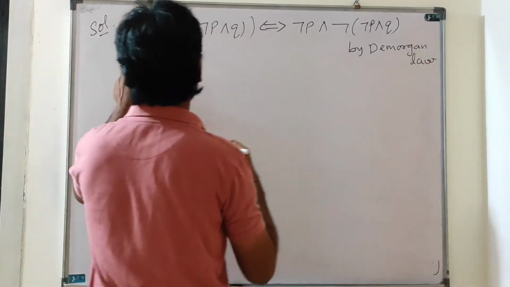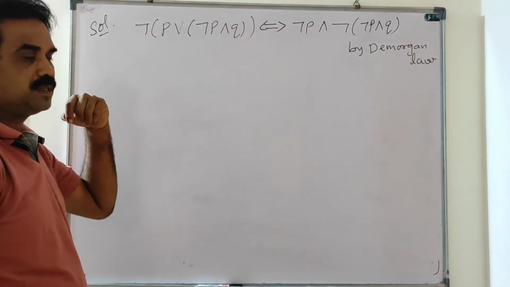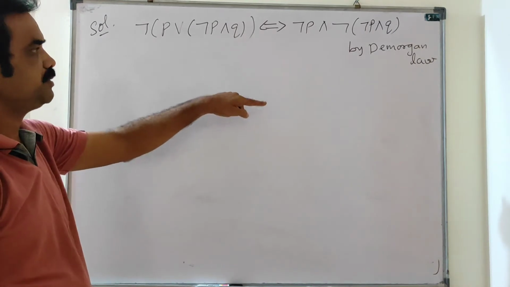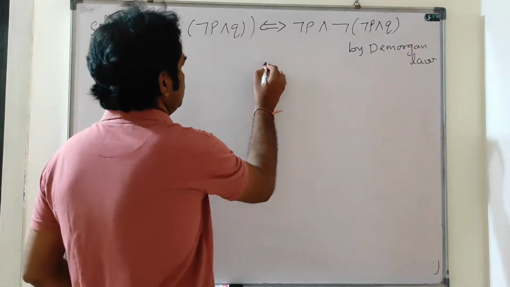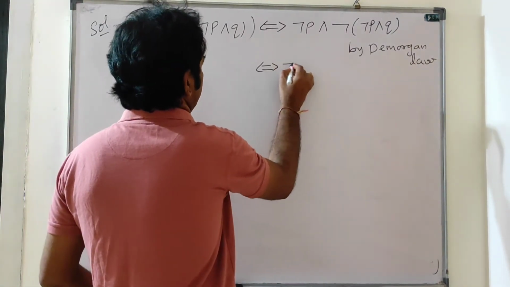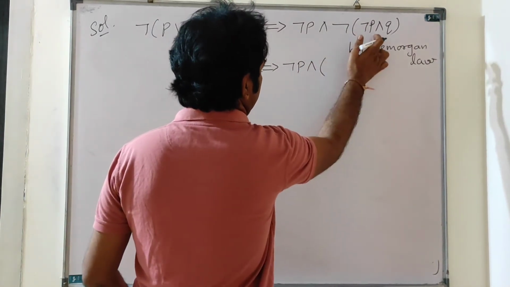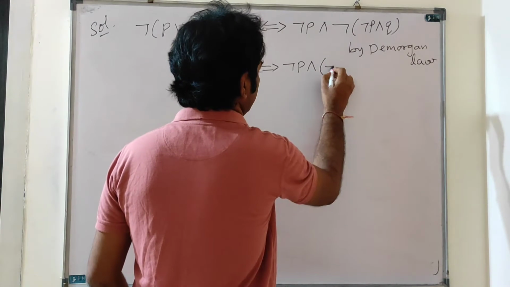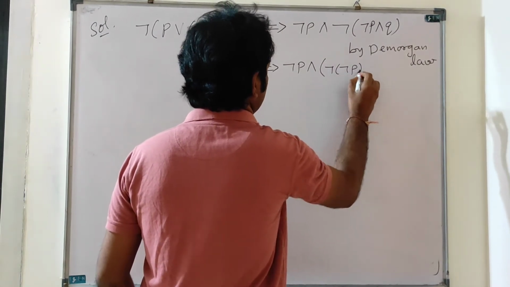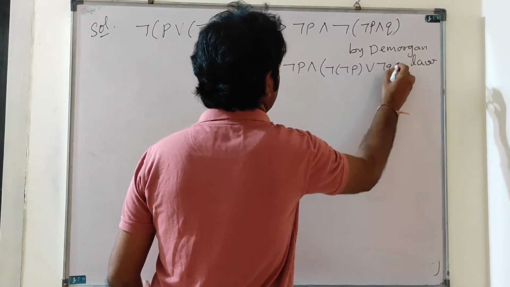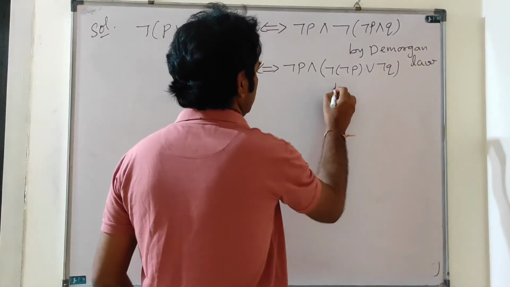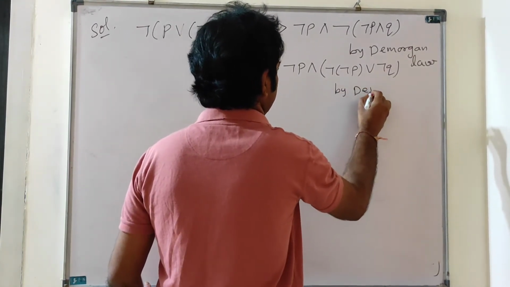Negation of (P or Q) is equivalent to negation P and negation Q. That is equivalent to negation P and, applying negation to this again by De Morgan law, (negation of negation P or negation Q).